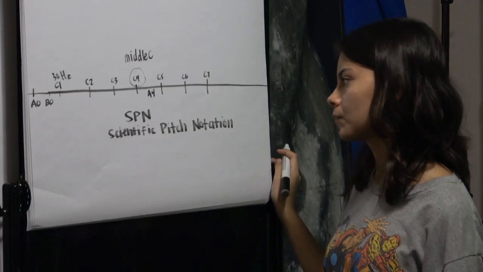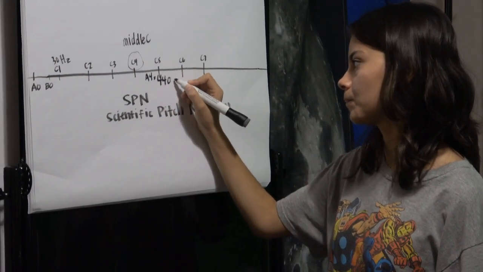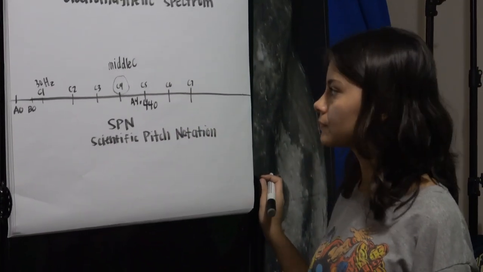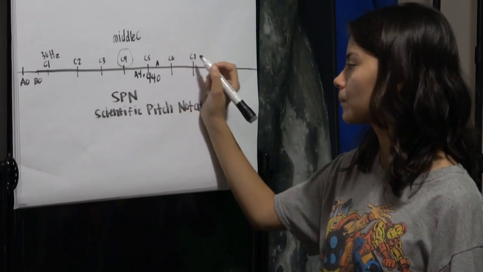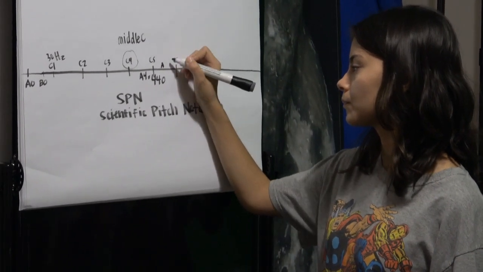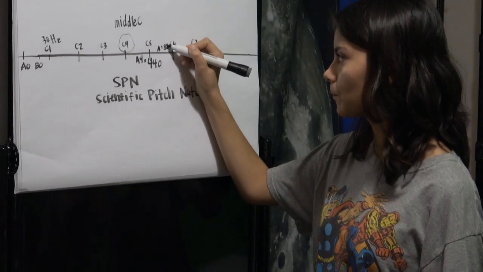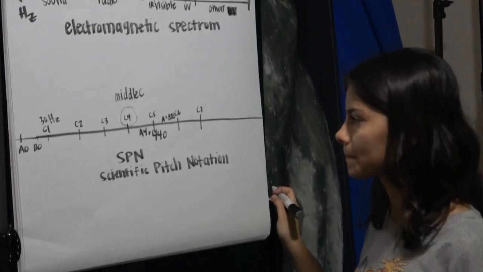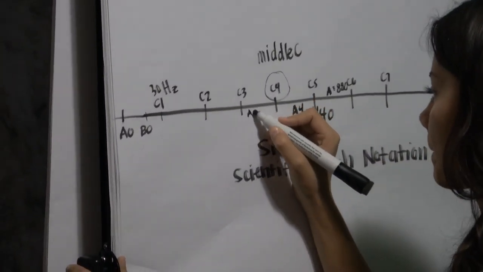A4 equals 440. Now between C5 and C6, put an A above the line, and that is A equals 880. Now on C3, go below the line again, put an A equals 220.